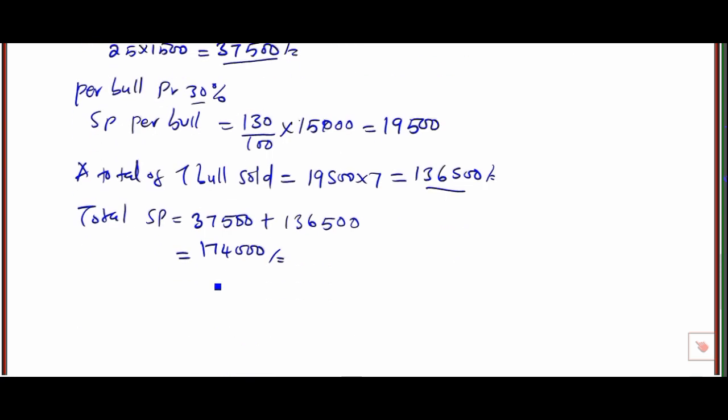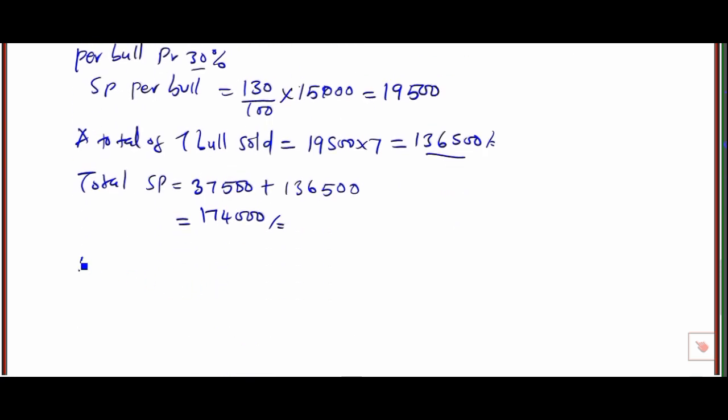Now back to our question. Determine the amount of profit made. So the buying price, we were told that the bulls and goats were bought at 135,000. That is initially, and we have found that the total selling price is 174,000.